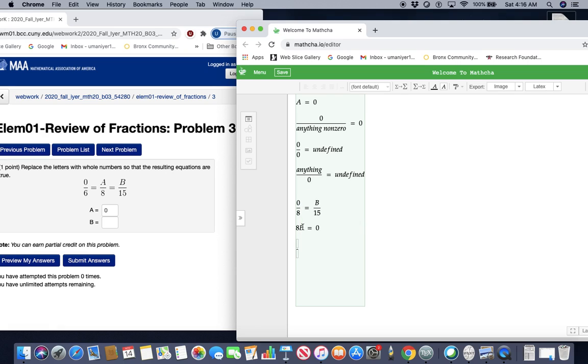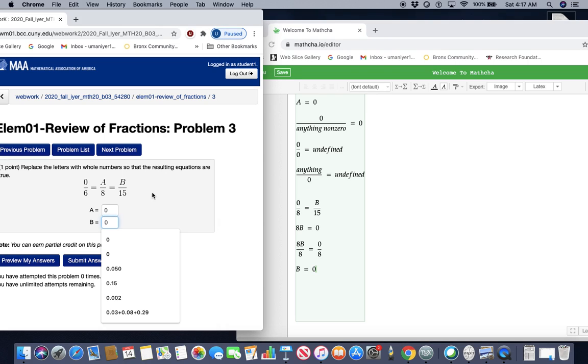Now, to solve for B, I need to get rid of that 8. 8 is multiplying B, so the opposite of multiplication is division. Divide both sides by 8. Then B equals 0 over 8, and 0 over anything non-zero is 0. So B is also 0.